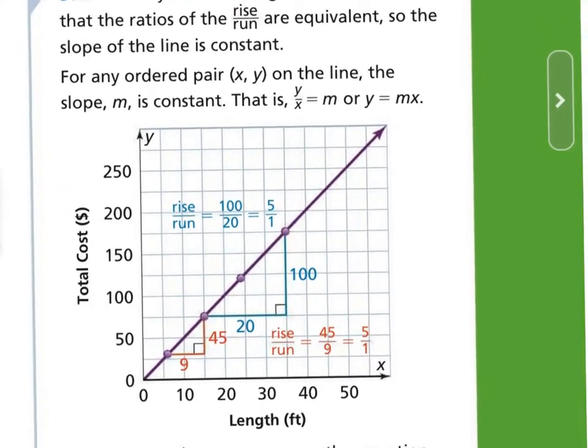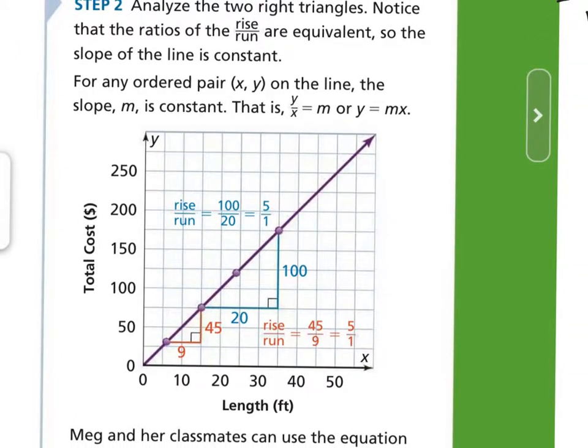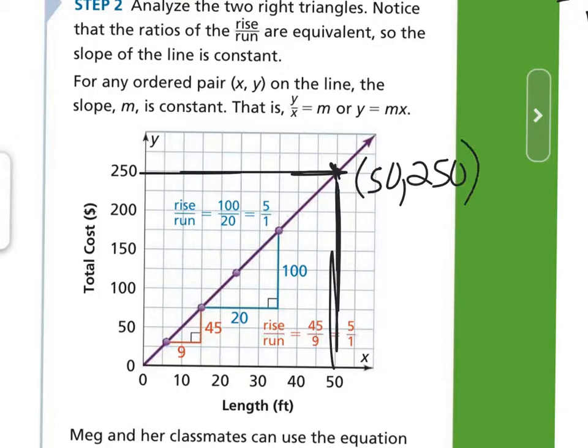One other thing we could do in this case, if you have your line perfectly drawn, you might be able to look, if you graphed this far enough out, and see that this hits the point 50, 250, so 50 feet is $250. That's another option of doing this.